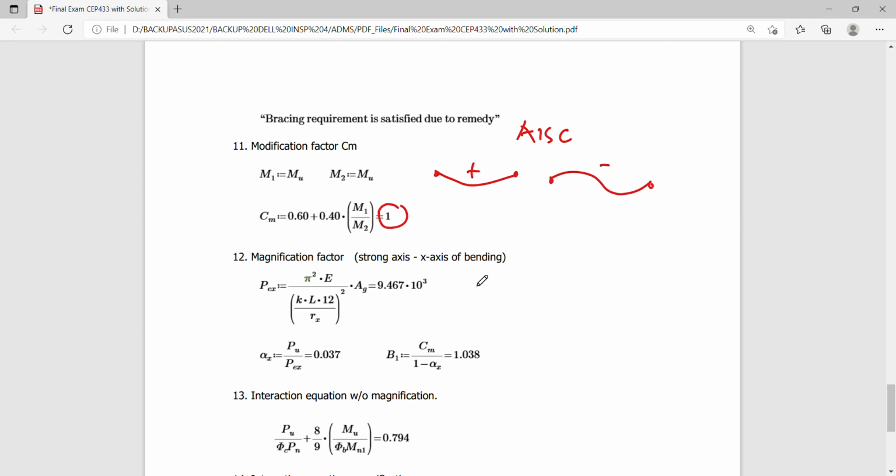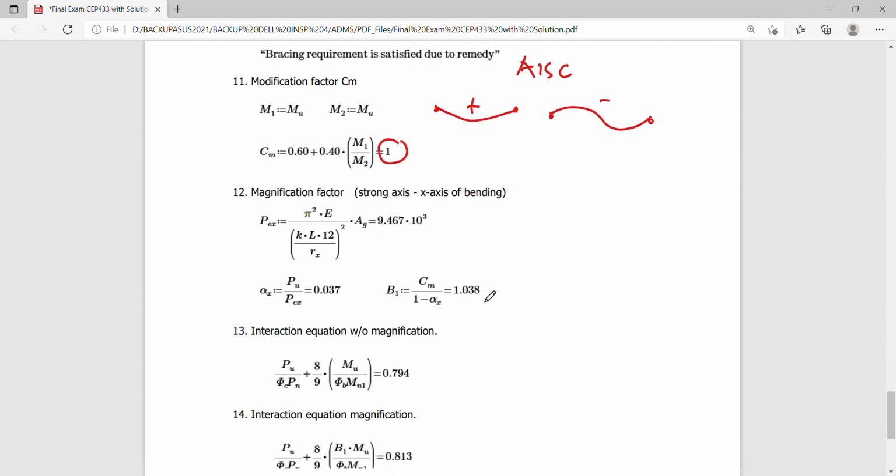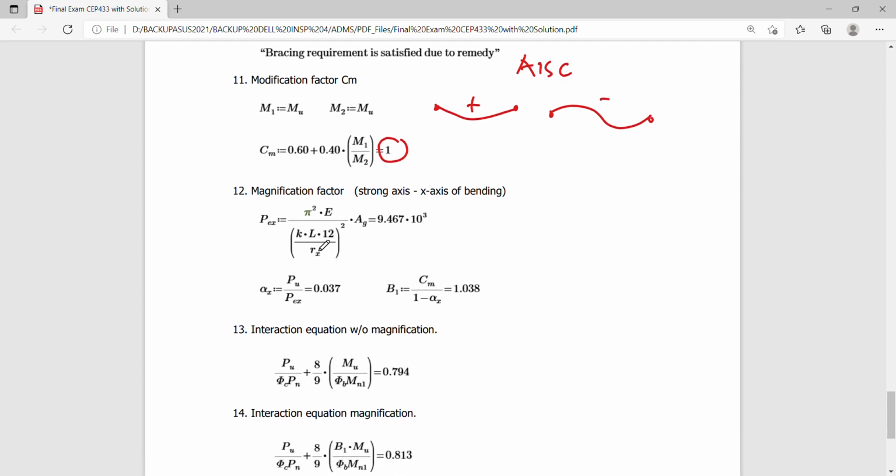So for the magnification factor, we have the strong axis of bending, which is the x-axis. We first get your Pex, which is simply the Euler buckling load, given by the formula pi squared E over KL over r squared. So we are on the x-axis, so this must be rx. The 12 there is simply to convert your length into inch so that this will be consistent.